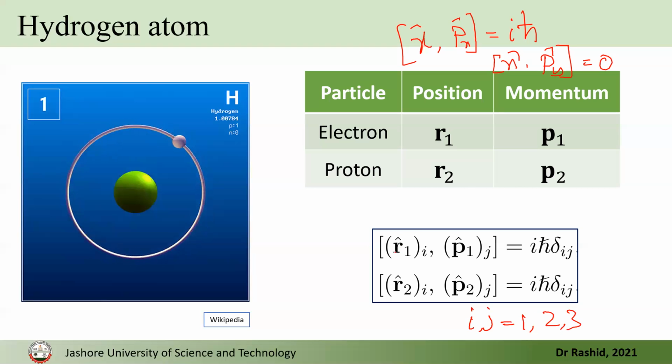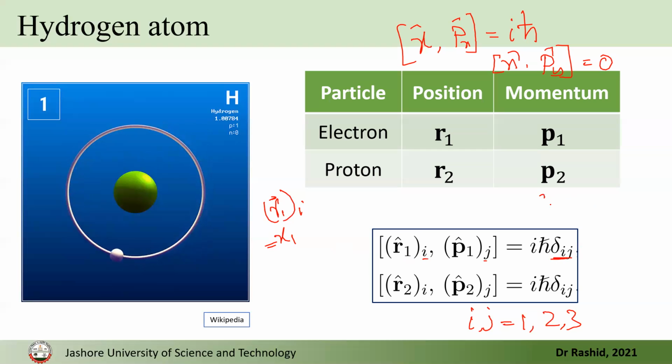Then the first component of R1 would be x1, which I have written here as R1i. And similarly, P1j would be P1x. From here we can see that when i and j are the same, the delta function gives 1.